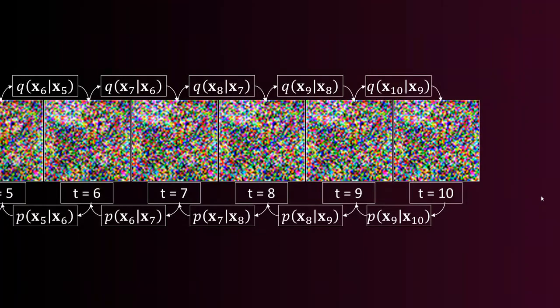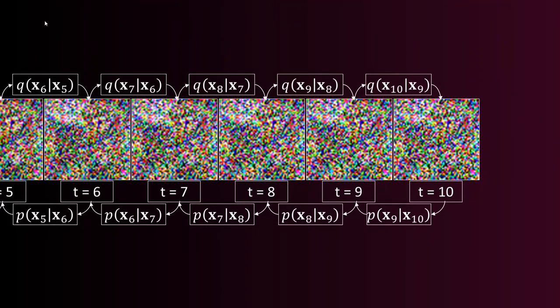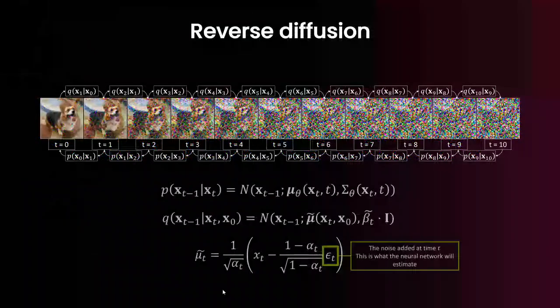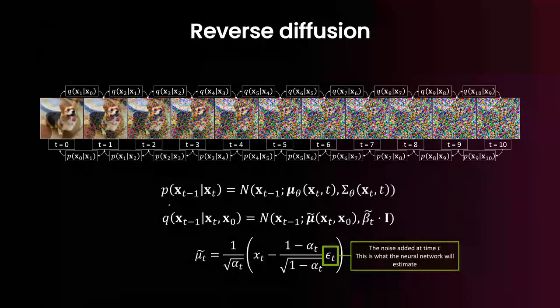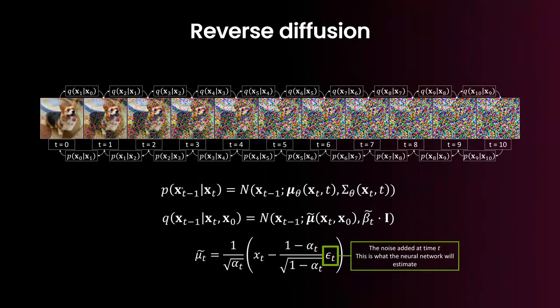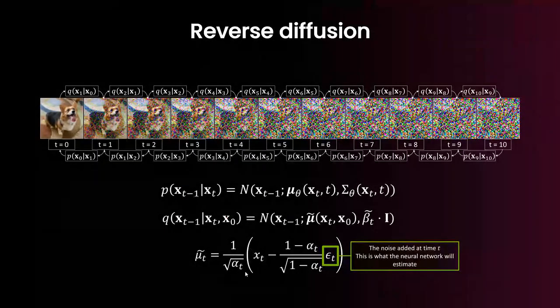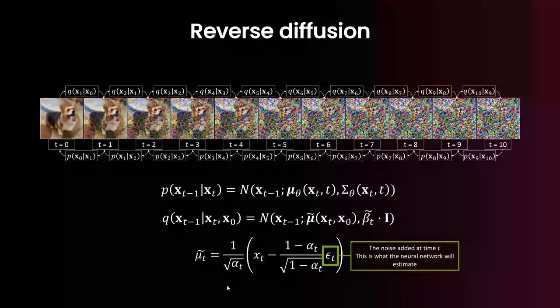And this is what happens in the reverse diffusion process. Let's move on. This is how it works in detail, and as I said, you can check it in detail from the resources.